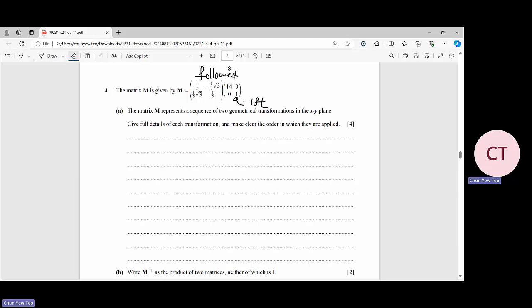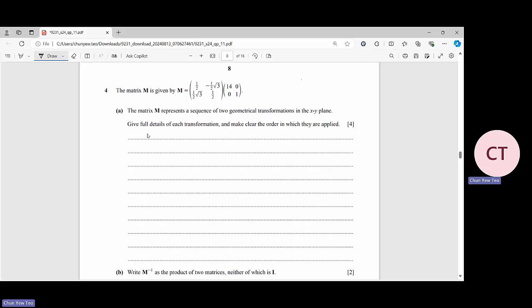Okay, so we just need to say that this one we know is a shear, but not shear, this one is a stretch. Okay, this one is a stretch. This one is a rotation. So we need to figure out the rotation.